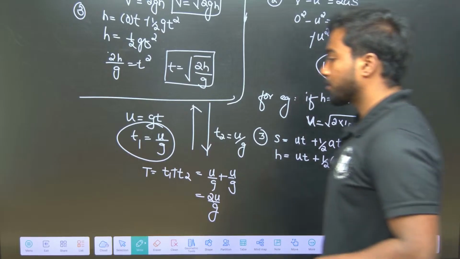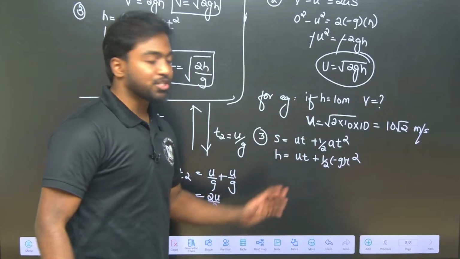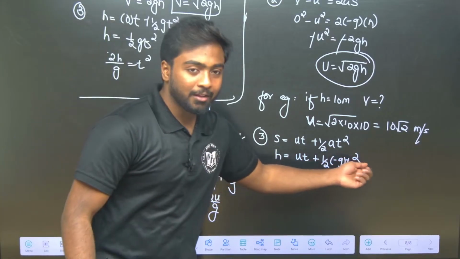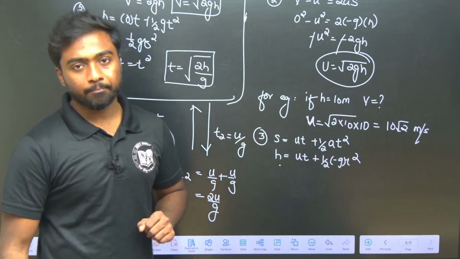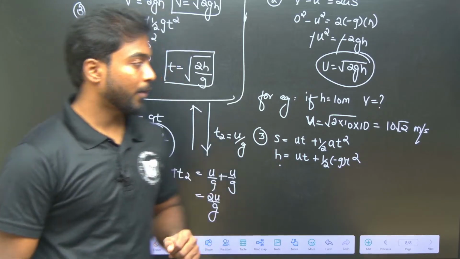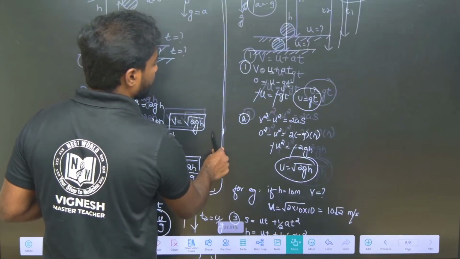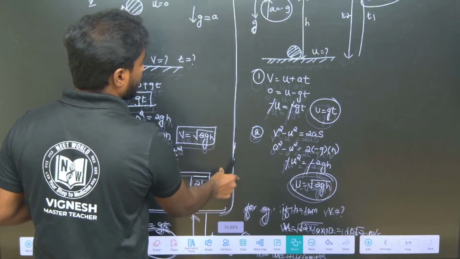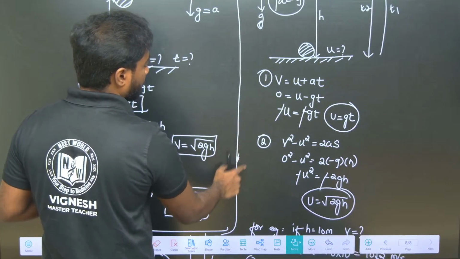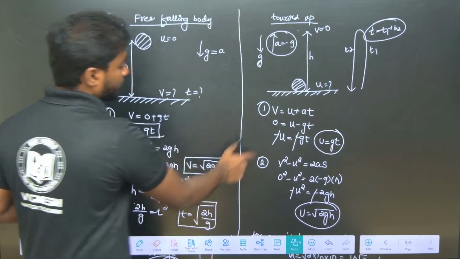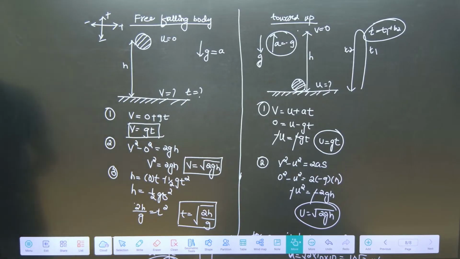So if they are giving the velocity as this much and the time taken as this much, what will be the maximum height? I can use this equation to get that. Fine. You can take a note of this. Once you have completed, we can go for the next topic.